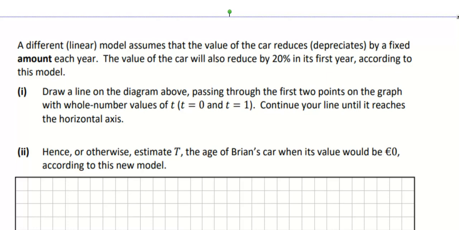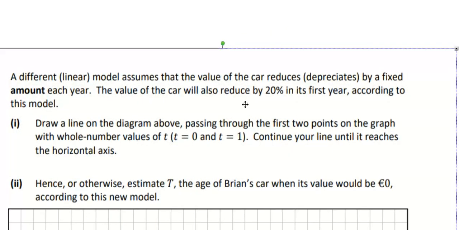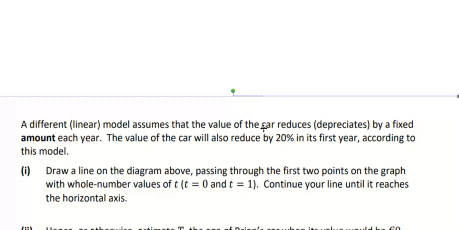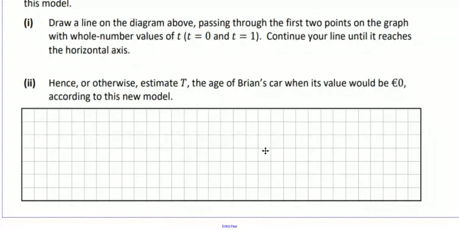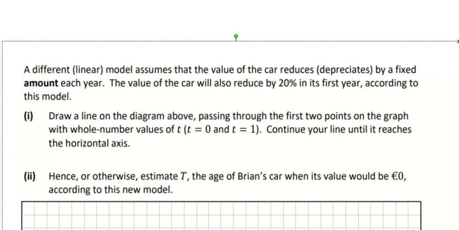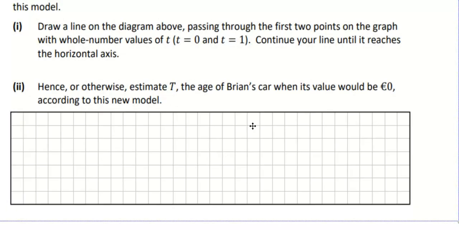A different linear model assumes that the car depreciates by a fixed amount each year. The value of the car will also reduce by 20% in its first year, according to this model. Draw a line on the diagram above, passing through the first 2 points on the graph. Continue your line until it reaches the horizontal axis.